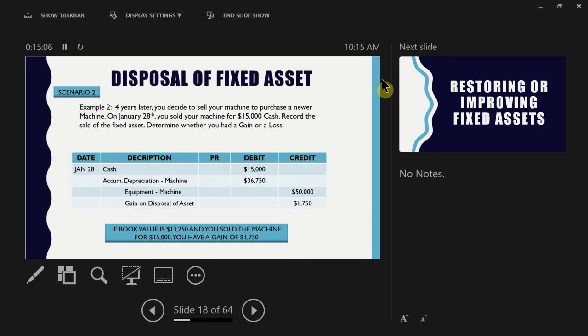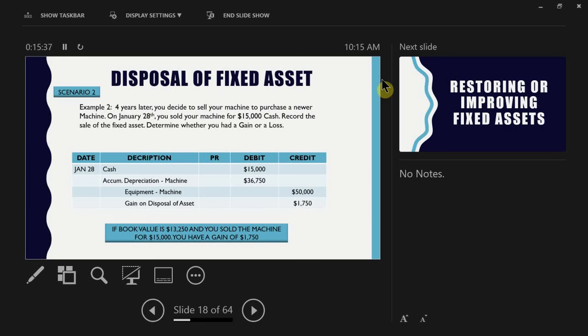However, because my book value was again 13,250, and I'm being paid $15,000 for it, in this case we have a gain of 1,750. So that's how you're going to record it and report it, and this is how you're going to actually take it off your books too.